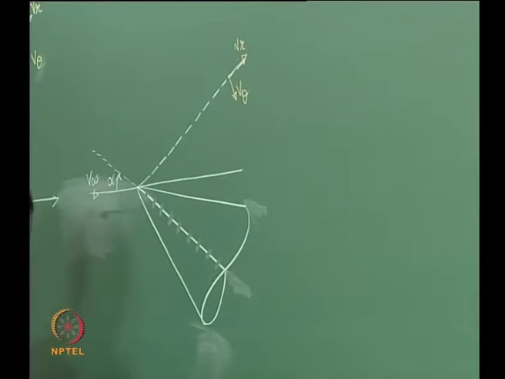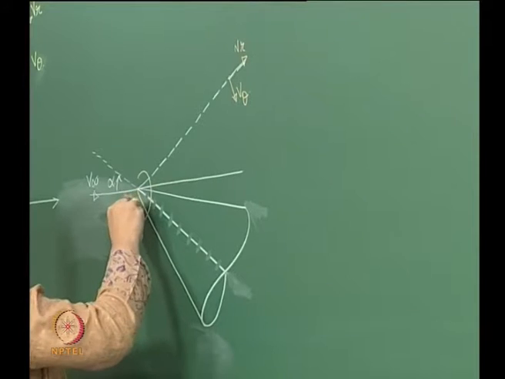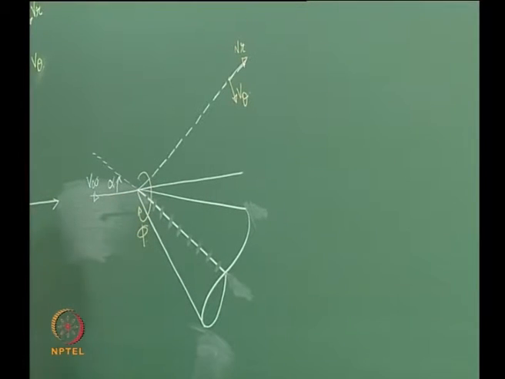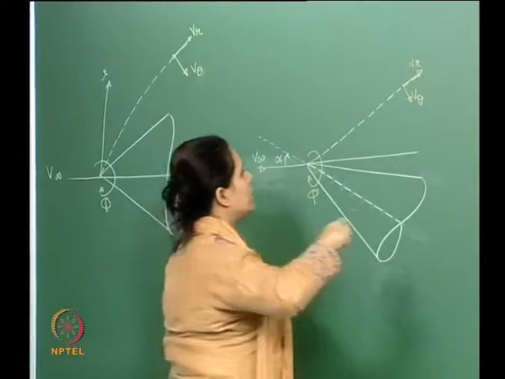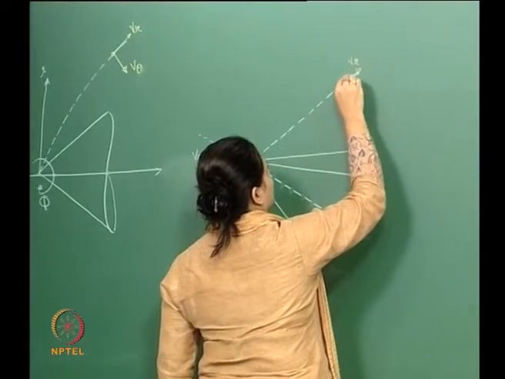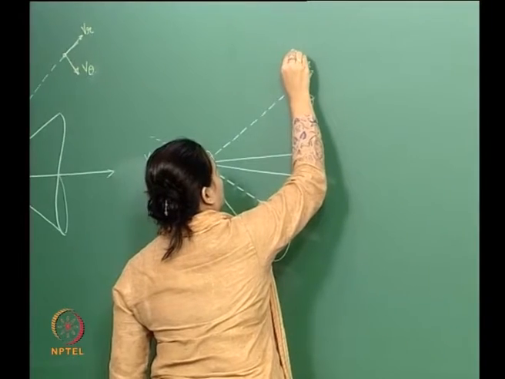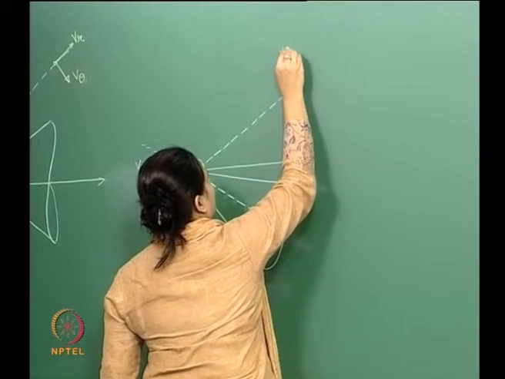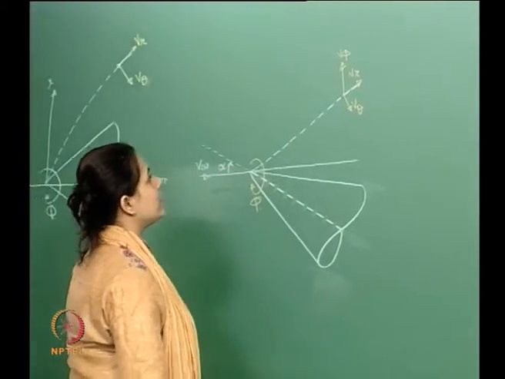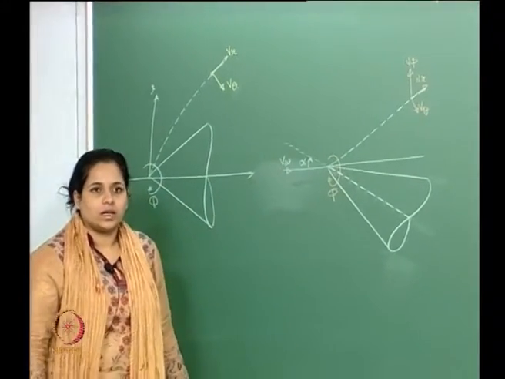This is my phi. In this case I am also looking at a phi direction. So, in this particular case v phi is not 0.